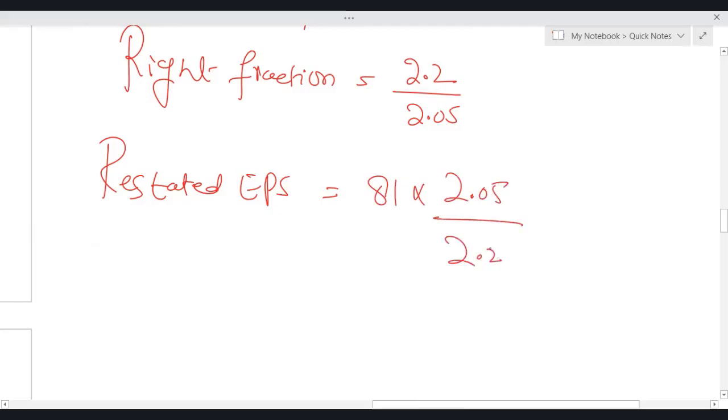So let me use the calculator. 81 into 2.05 divided by 2.2. I'm getting 75.477 cents. Let's see the choices.